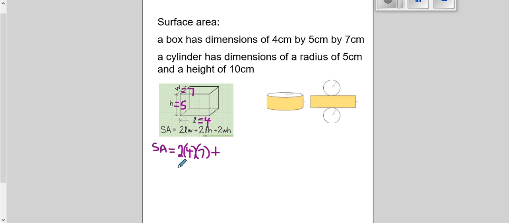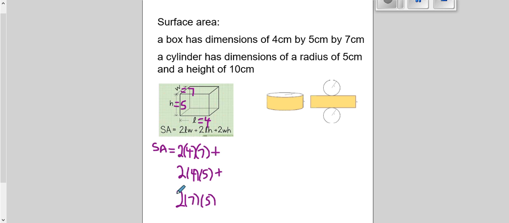Plus, I'm just going to go underneath, 2 times L. L is 4, and then H is 5. So 2 times 4 times 5. Awesome. Plus 2 times W. W is 7, and then H, which is 5. So this will cover all of those 6 sides of the box.